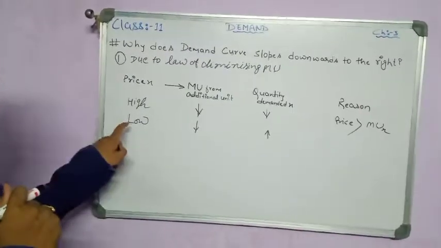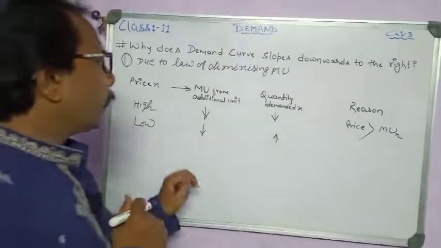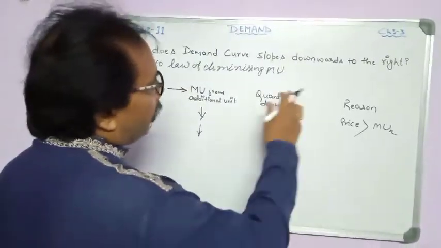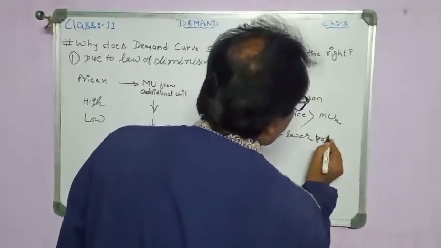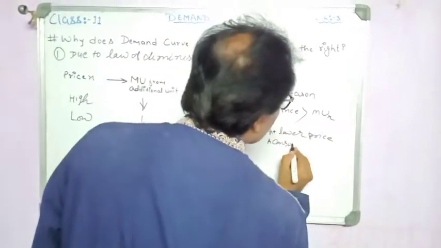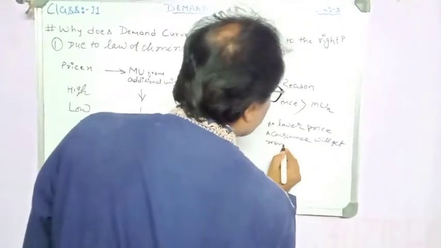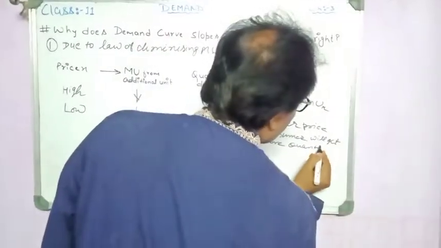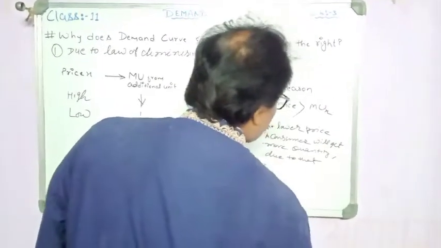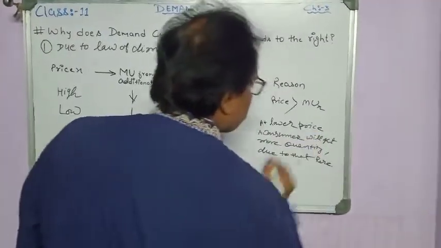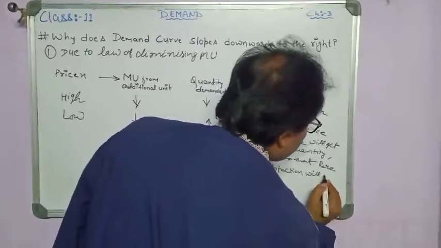And in the case where the price is low, again the marginal utility will decline according to the definition of diminishing MU, but the quantity demanded will increase because at a lower price a consumer will get more quantity, and due to that satisfaction will increase.